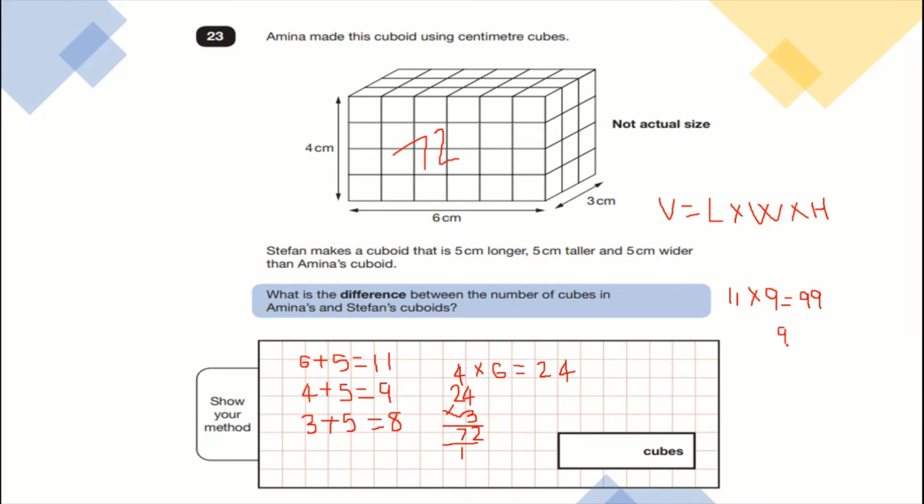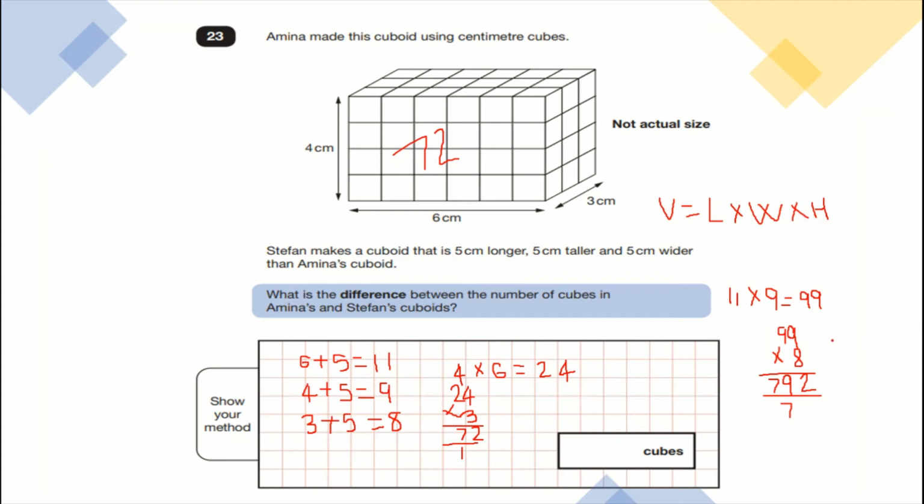And 99 times 8, so 9 times 8, that's 72. 9 times 8 again, still 72, plus the 7 gives us 79. So there are 792 cubes in Stefan's cuboid and 72 in Amina's.